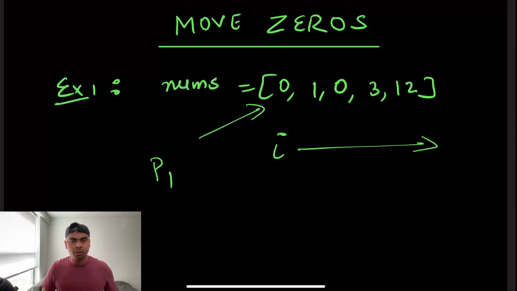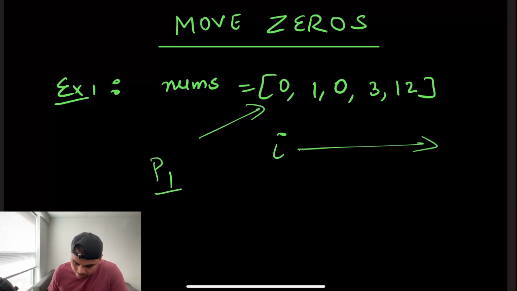Whenever we come across a non-zero value, we place that value at p1 and then increase p1, and keep continuing. There will be a point when we run out of the values. By then we have placed all the non-zero values, and we have this if condition: if something is not equal to 0, we place that element at p1.